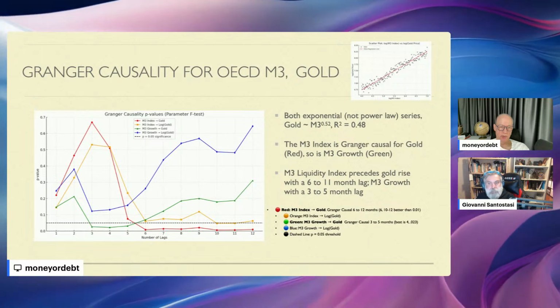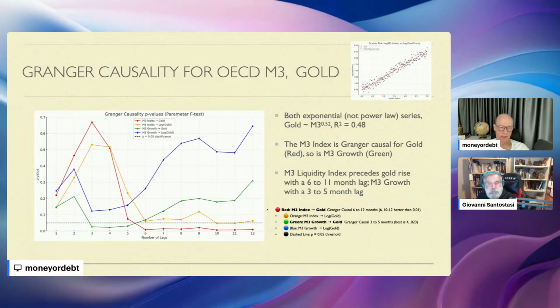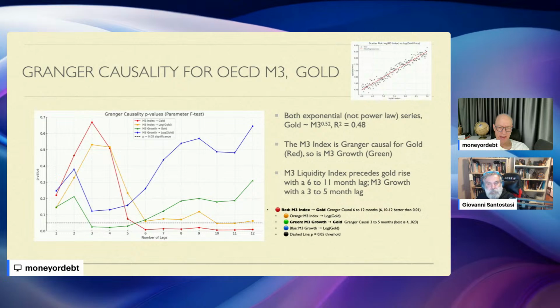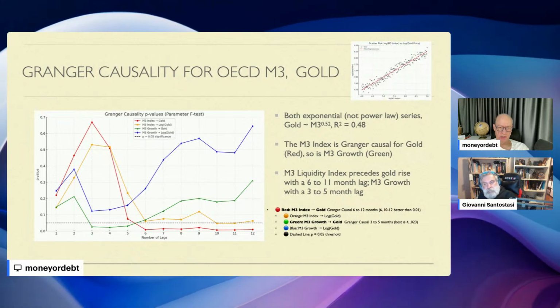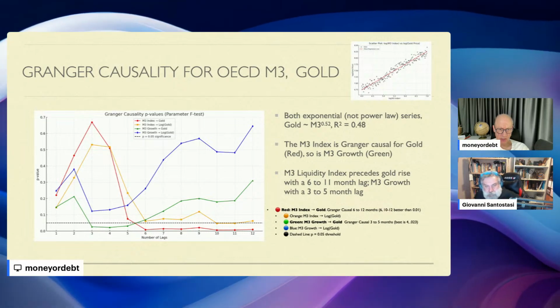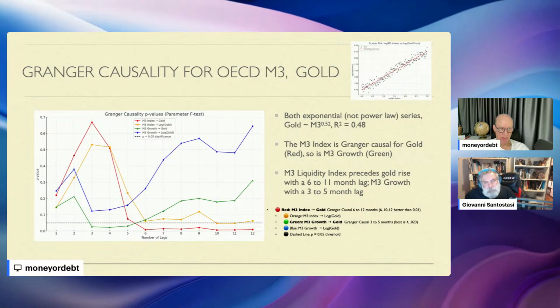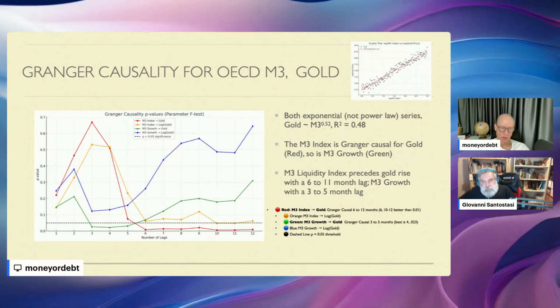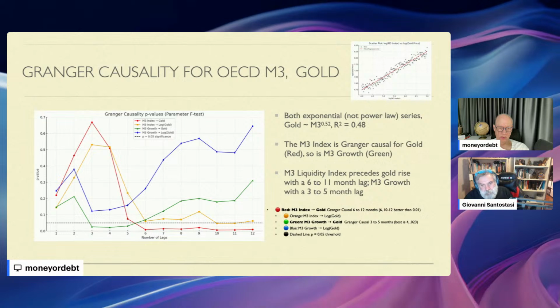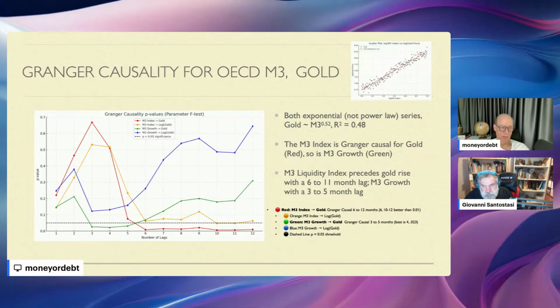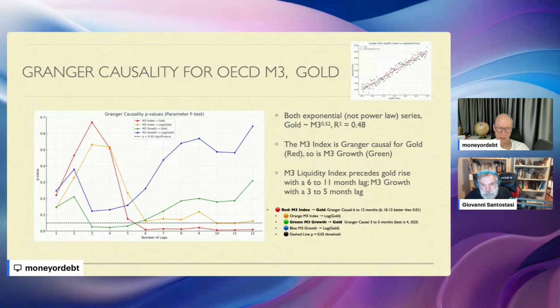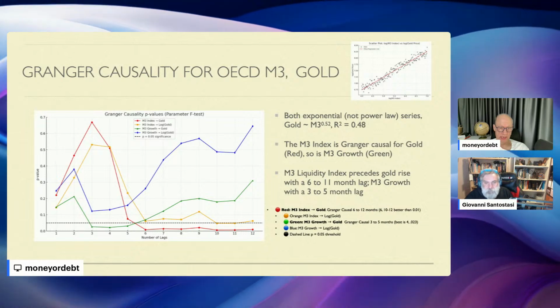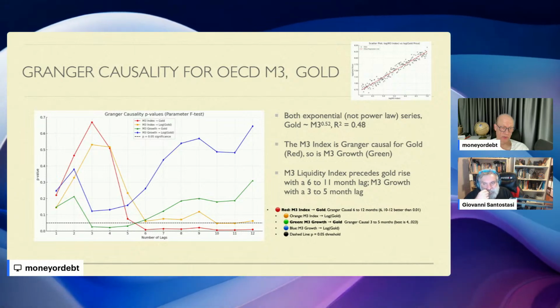The red one is the Granger causality between the M3 index and the straight gold price. And we can see the minimum is reached around 6 months delay, but also around 10 or 11 months. So in general, since 10 and 11 are both low, you would say that's probably the more likely lag here for Granger causality from the M3 index to gold.